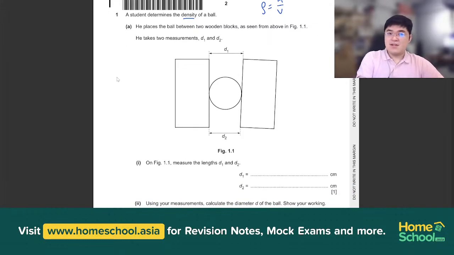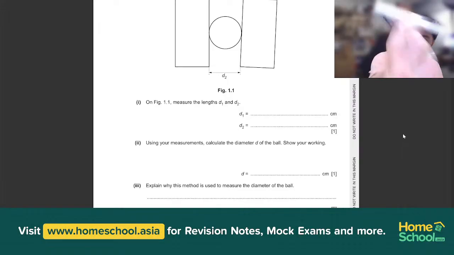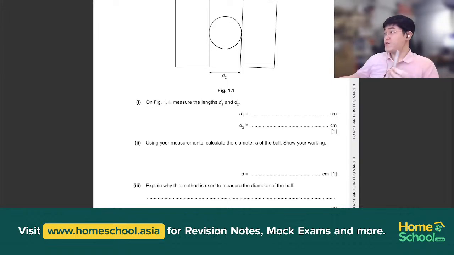In question 1a, part 1, on this figure, we are to measure the lengths D1 and D2 using our trusty ruler. For this paper, I've already done the measurements by putting the ruler right on my screen, and of course it has to be 1:1 scale. If you print this properly on a piece of paper at 1:1 scale, you should get D1 equal to 2.7 centimeters and D2 equal to 2.5 centimeters.